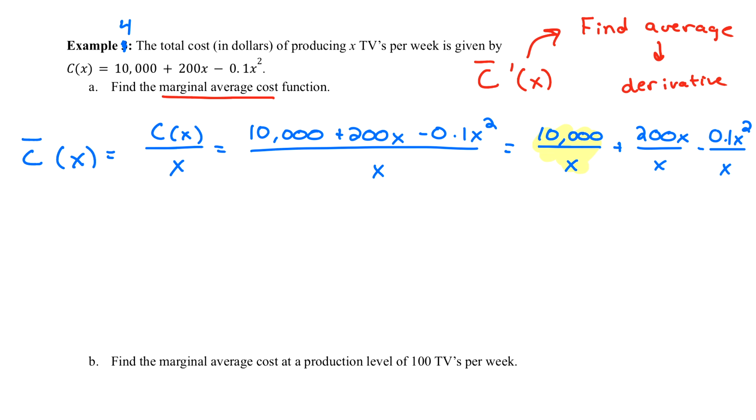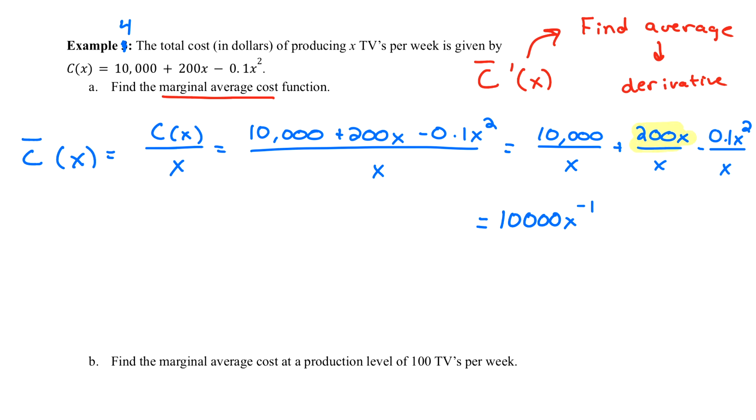So I need to rewrite that with a negative exponent: 10,000 X to the minus 1 power. This is just going to make it easier in the next step to find our derivative and use our power rule. So that's our first term.